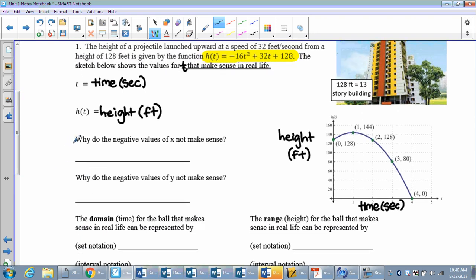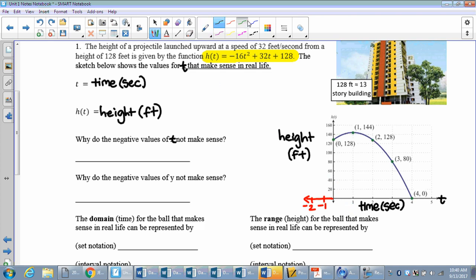Why do the negative values of x, here on the x-axis, I'm going to change x to t, not make sense? So my values for t are on the x-axis. If I were to extend this over to get some negative values, this is -1, -2, can we have negative time? Nope, we cannot.